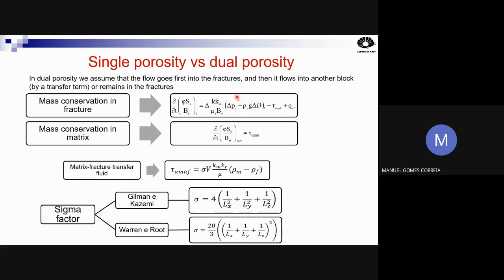Then we have a matrix to fracture transfer term, which is described here.